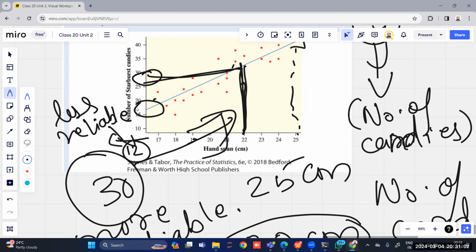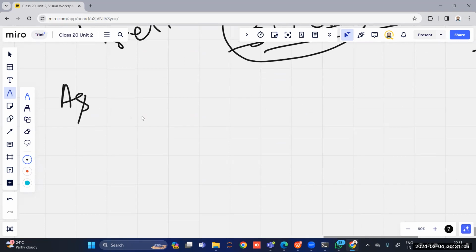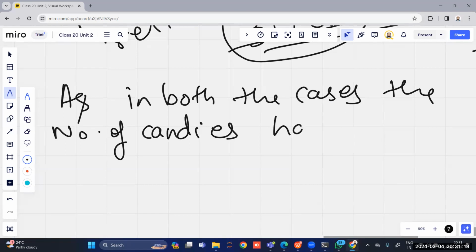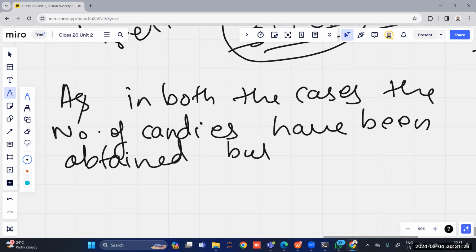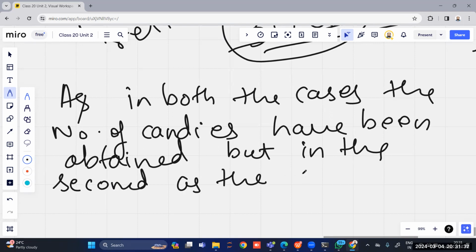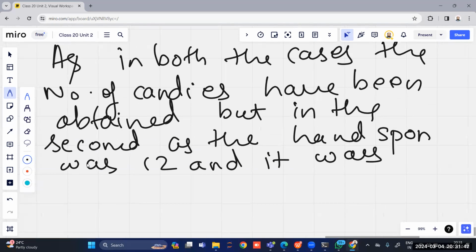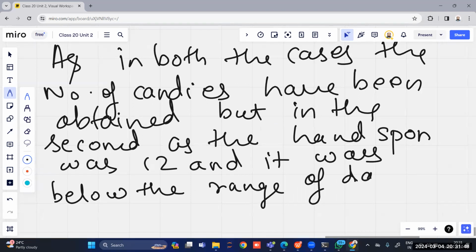So you will write the explanation: in both the cases, the number of candies have been obtained, but in the second case, as the hand span was 12, it was below the range of our data set.